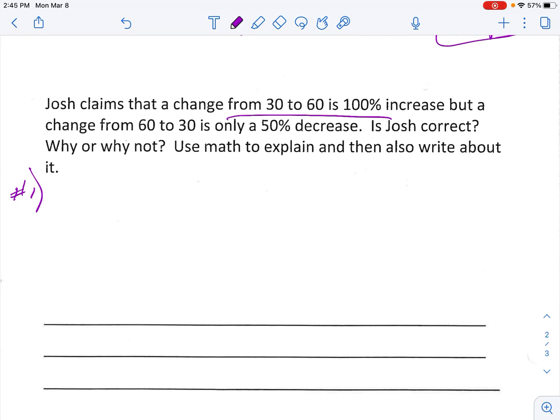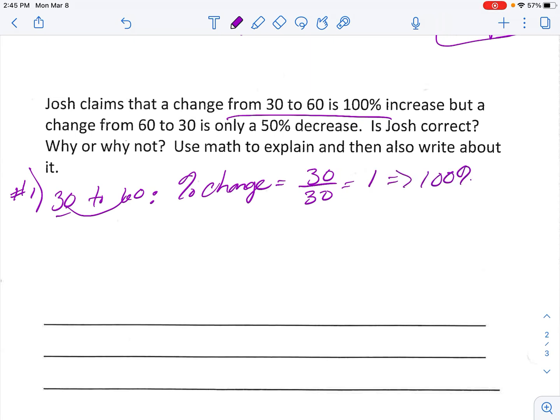So from 30 to 60, percent of change. The amount of increase is 30 over the original is 30. That's 1 whole, which is 100% increase. He was right about that one.